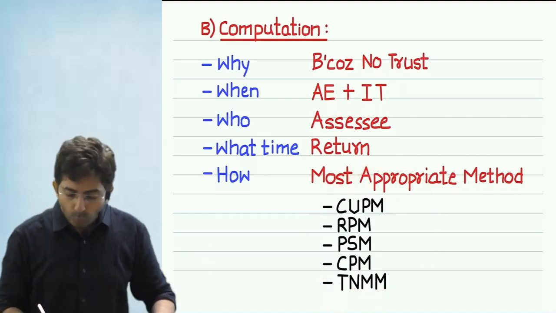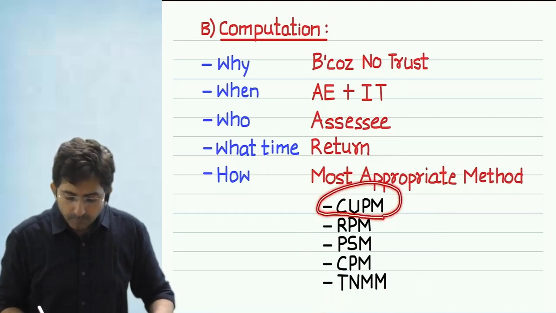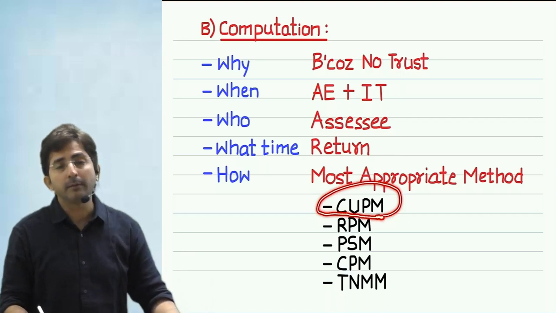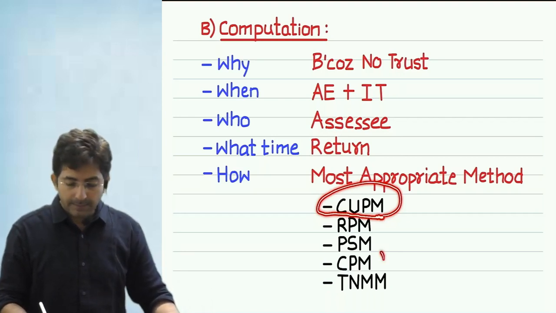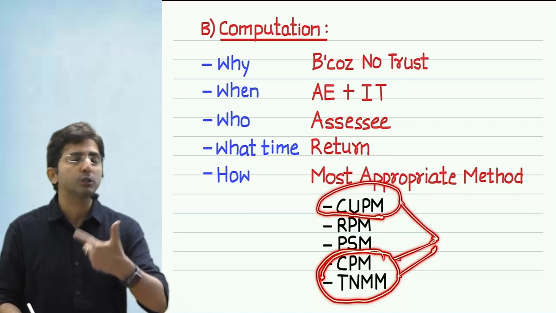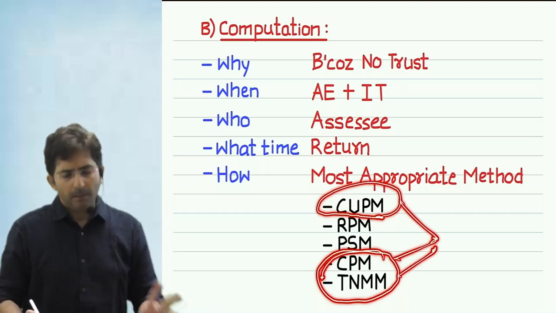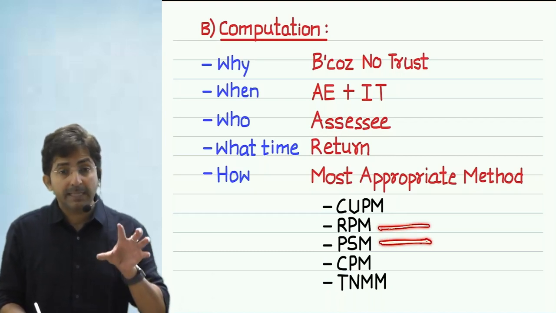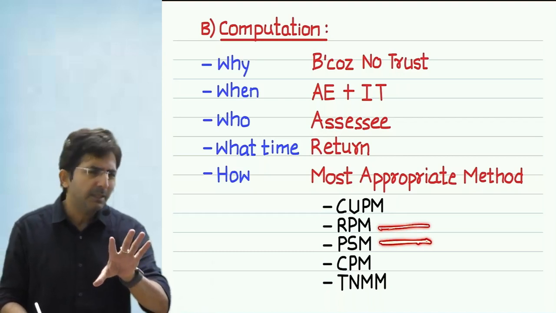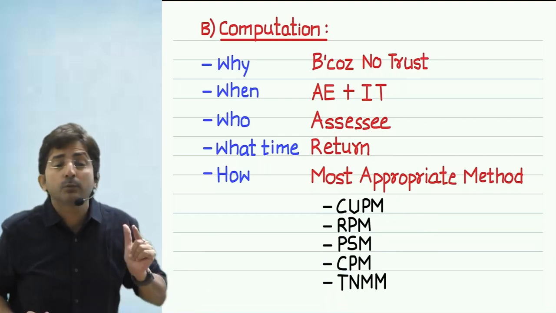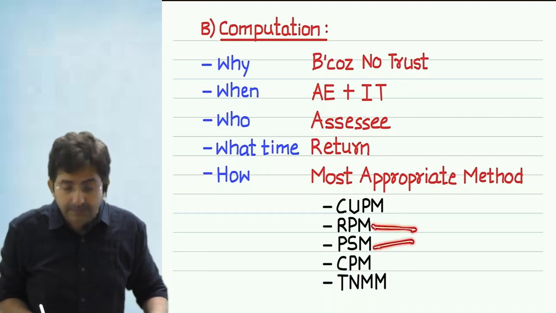In that, the most popular method is this. Most businesses, this method will suit. Which one? CUPM. And the next popular is this. These methods are such that they can suit most types of business. But yes, this RPM and PSM, after I explain, you will realize these methods are applicable in typical scenarios. Which ones?